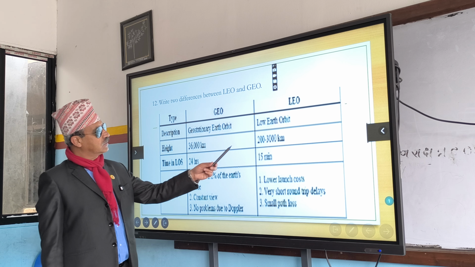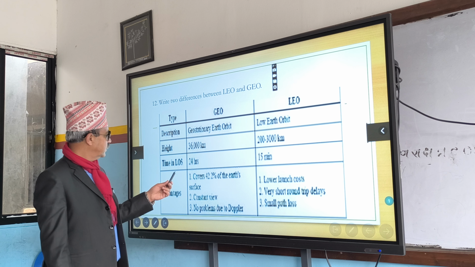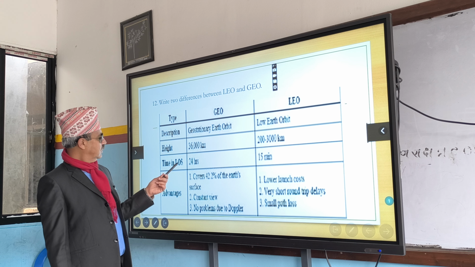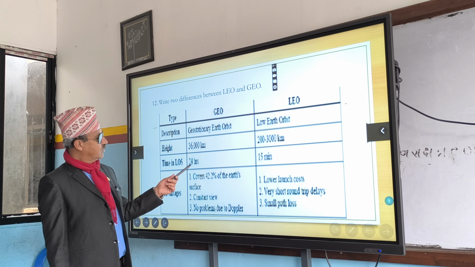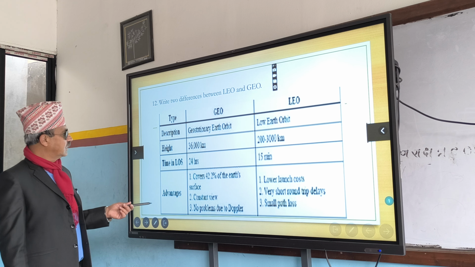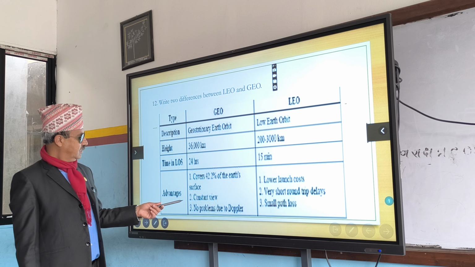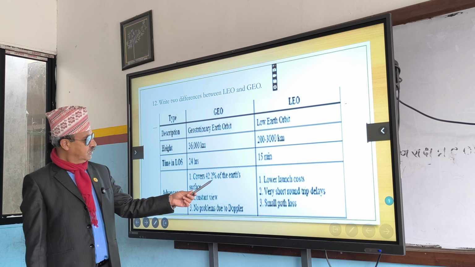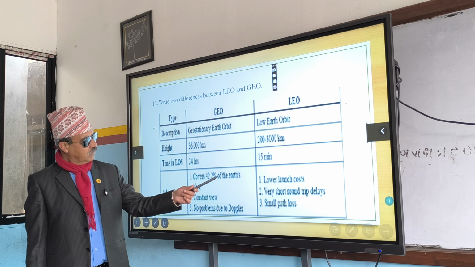And LEO orbit lies between 200 to 3,000 kilometer. And time period? 24 hours, 15 minutes. Advantage, what is the advantage here? Covers 42 percent of the earth's surface and weather.